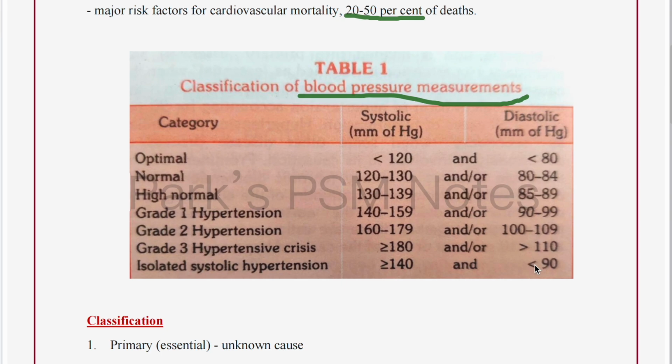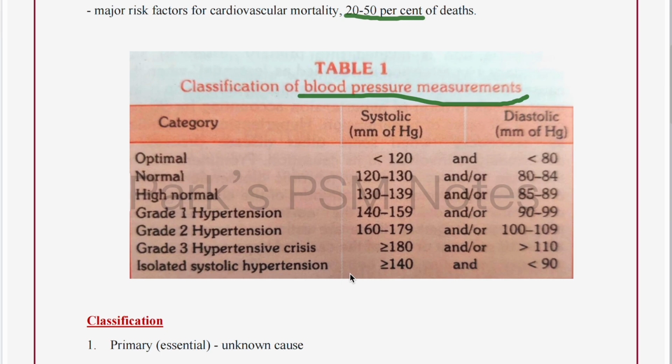One thing to remember here is when diastolic and systolic blood pressures fall in different categories, the higher category should be selected to classify the individual's blood pressure.